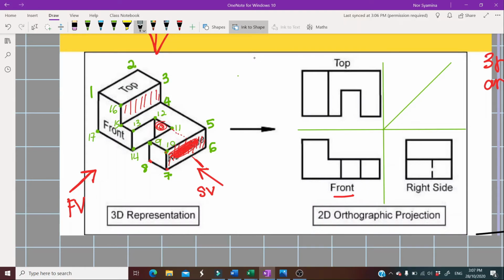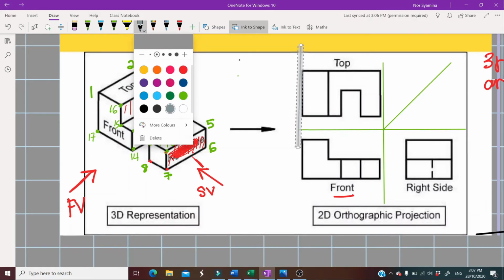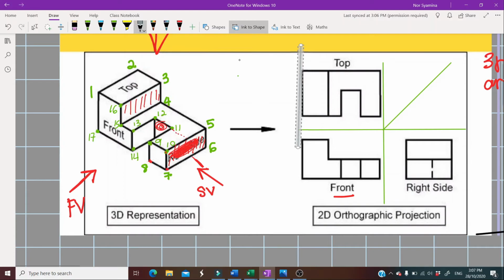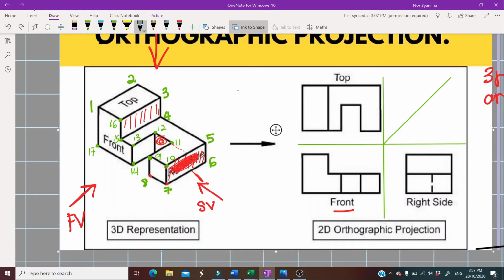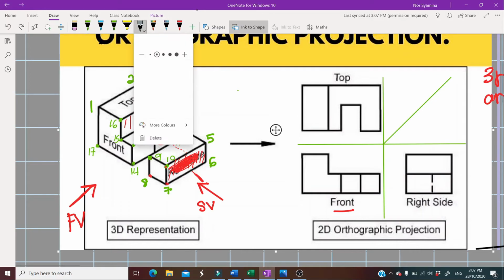Let's say you started from the front, so you have to project this line further up. Now I can see it's a very thin line. It should be very thin. I'm trying to do it manually, so just bear with me. Okay, so just draw it.